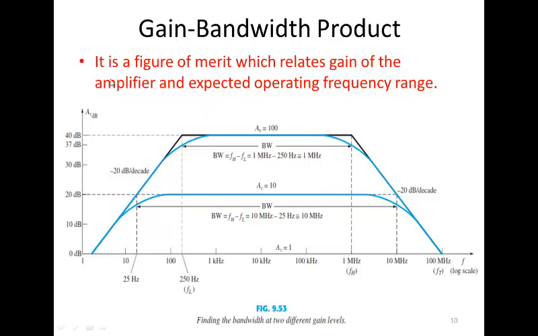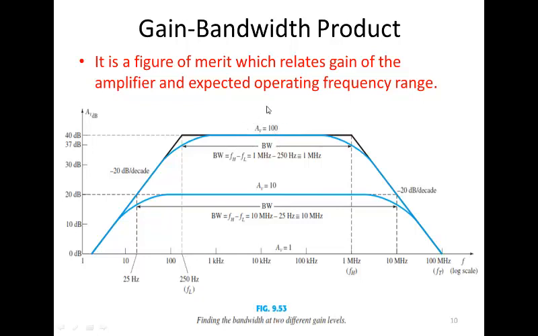Gain bandwidth product is a figure of merit which basically relates the gain of the amplifier with the expected operating range. This is the response of the amplifier, in which these are the break frequencies. This is the lower cutoff frequency, this one is the higher cutoff frequency, and this is the mid band gain of the amplifier.